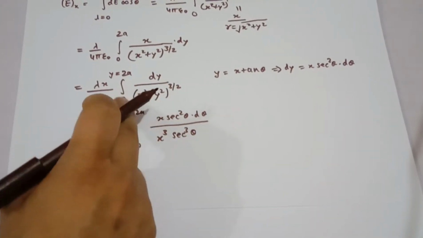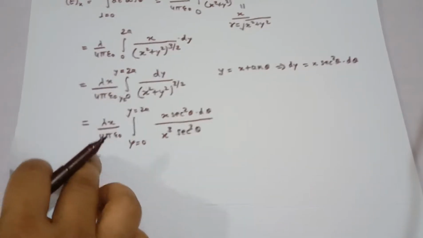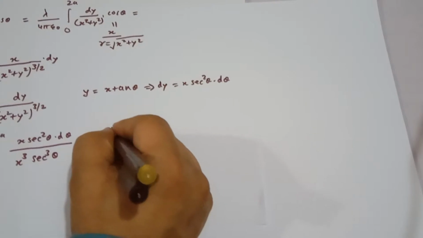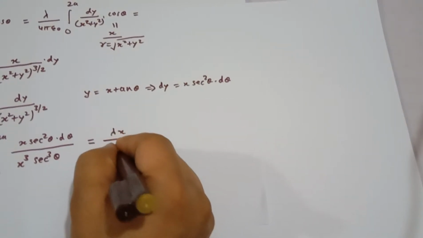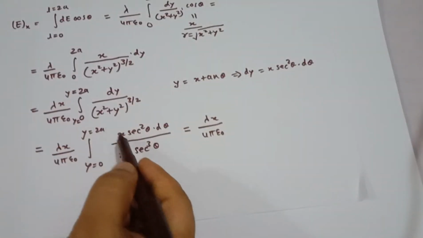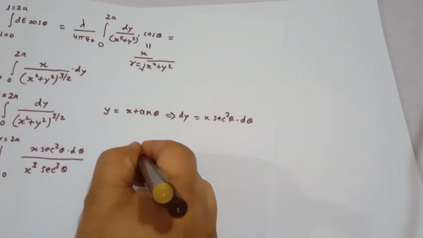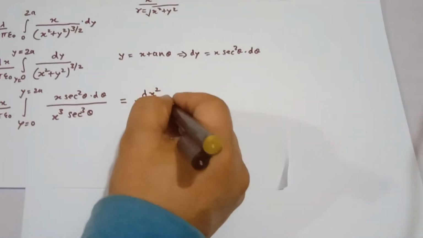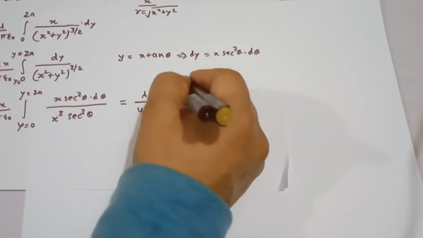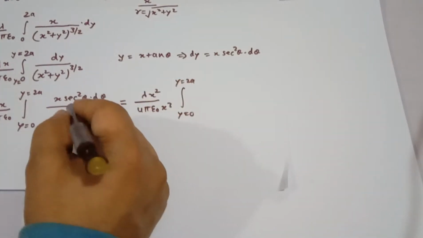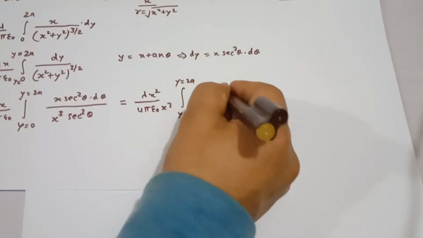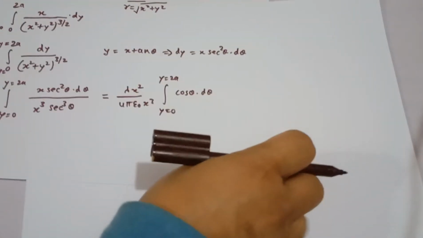So x cube would be taken out, so that should be equal to lambda x divided by 4 pi epsilon naught. That x would be multiplied with this x square, and here is another x, which is x cube, from y equal to 0 to y equal to 2a. So only one sec would remain, and that would be cos theta d theta. That is the only thing we'll get.